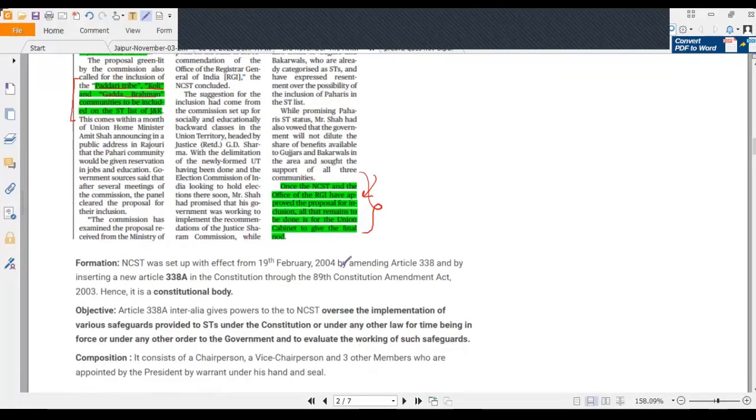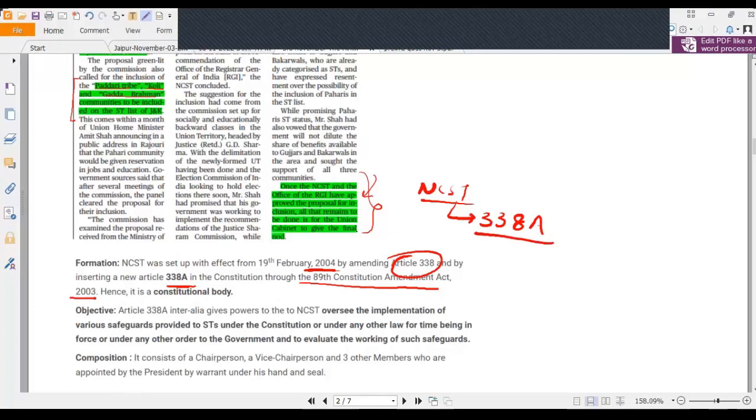It was formed in 2004 by amending Article 338 and inserting Article 338A by the 89th Constitutional Amendment Act 2003. And since it is formed by amending the Constitution, it is a constitutional body.